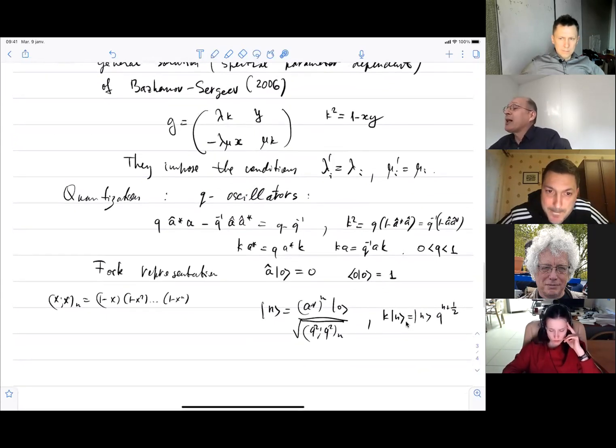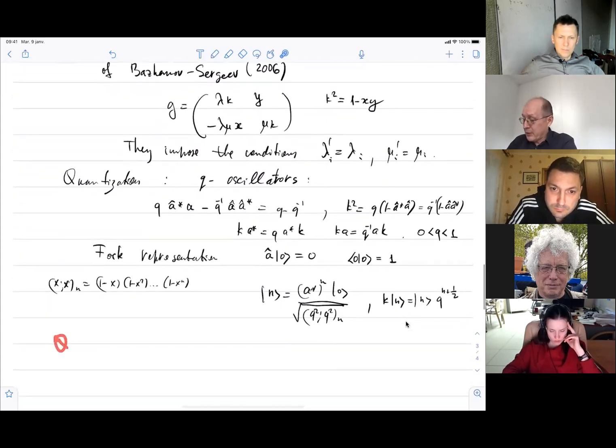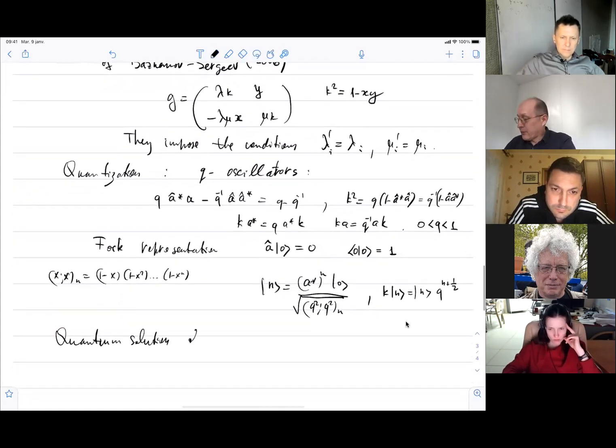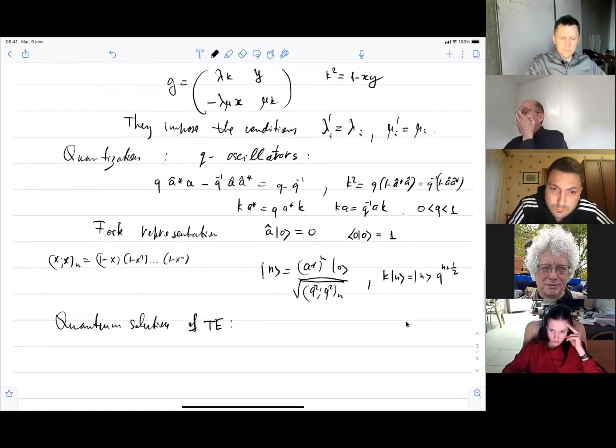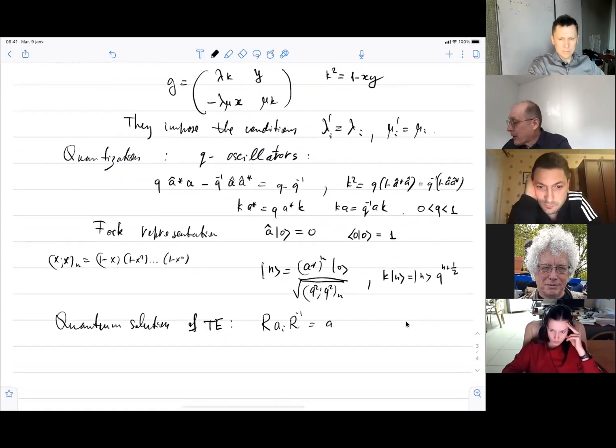And so the main result of Bazhanov-Mangazeev-Sergeev is that they managed to calculate the quantum R matrix, which solves the quantum tetrahedron equation. So the quantum solution of the tetrahedron equation goes, roughly speaking, as follows. First of all, you look for an unknown operator R which conjugates all the A_i's to A_i primes.